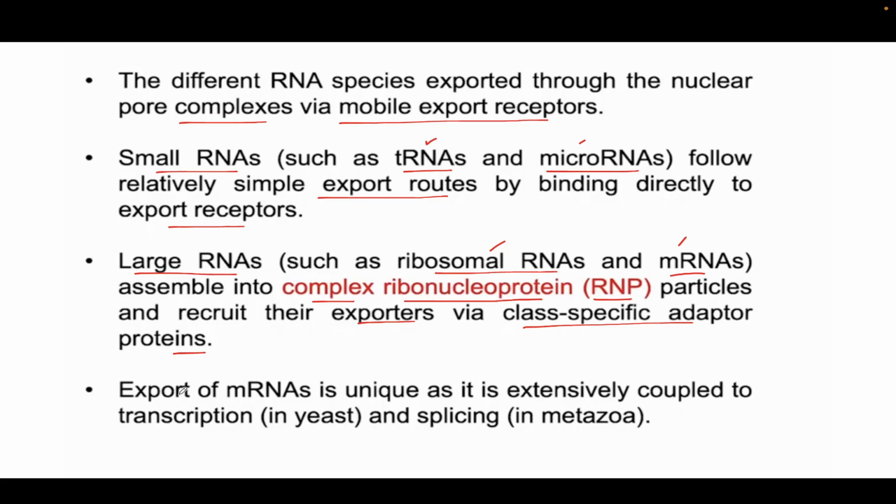Understood? Export of mRNAs is unique as it is extensively coupled to transcription in yeast and splicing in metazoa. So this mRNA export is coupled to transcription in yeast and splicing. That means mRNA export and splicing are happening at the same time in case of metazoans.